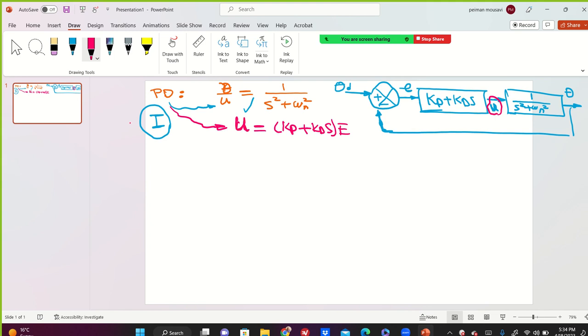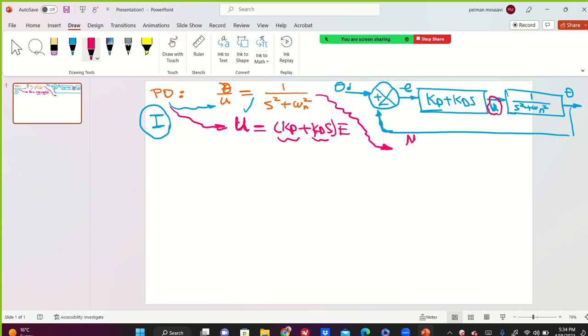In E, see the UE transfer function. And we tuned Kp and Kd to change this marginally stable system to a system with the given parameters that your boss wants.